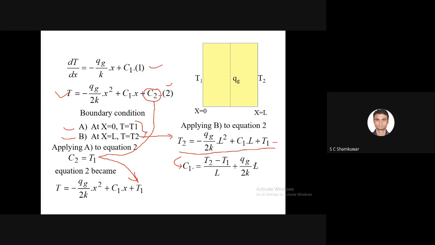This is the value of C1. Chinmay, understood? Chinmay Bhuti? Yes, sir. Okay. Shall we proceed?